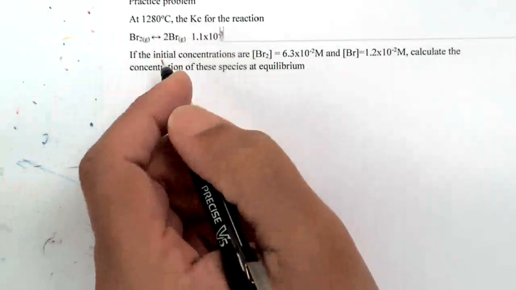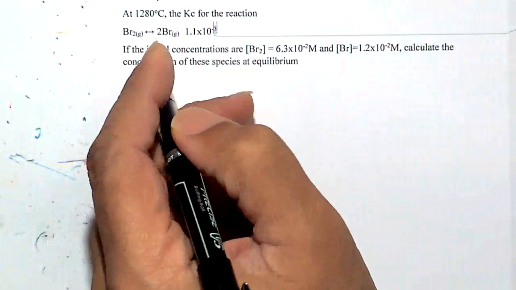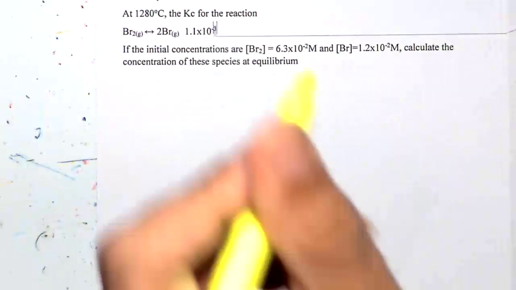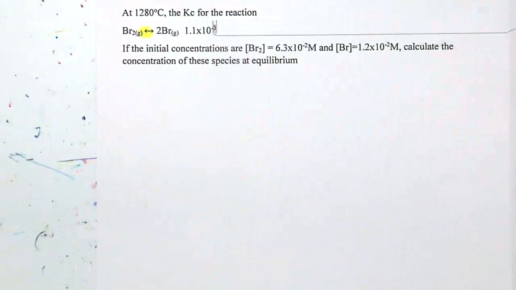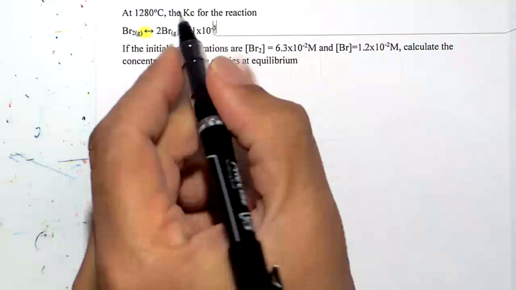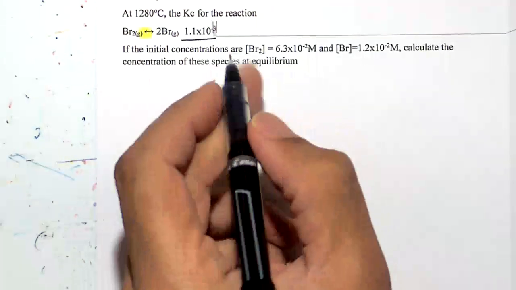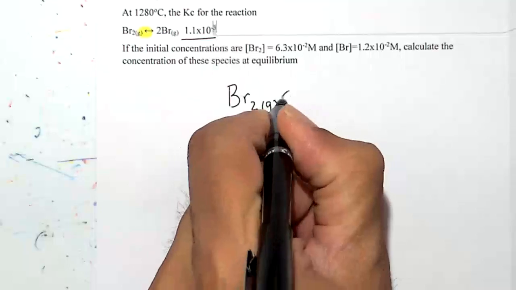Right, so at 1280 degrees C, the Kc for the reaction Br2 goes to 2Br. Is this an equilibrium? Yes or no? Very good. We see the back and forth arrows. This tells us this is an equilibrium reaction. And the Kc for this is 1.1 times 10 to the minus 3.